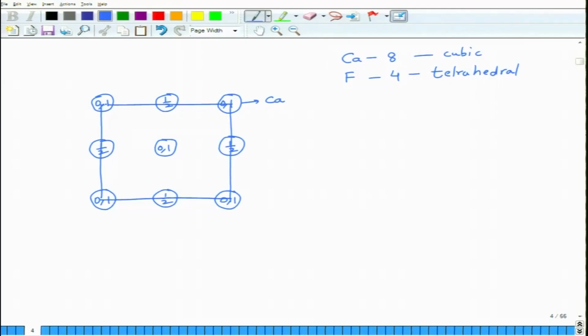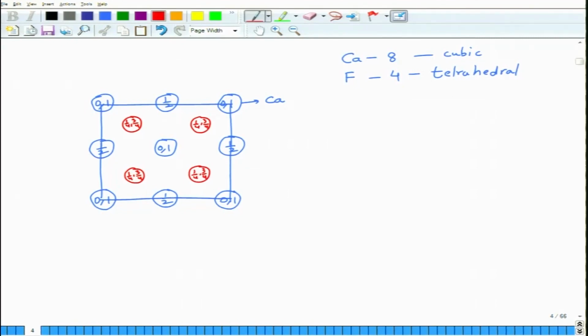So calcium makes an FCC lattice here, and the fluorine atoms go here, here, here and here, and the coordinates which are going to be filled are 1/4 and 3/4. All the tetrahedral sites are filled here.